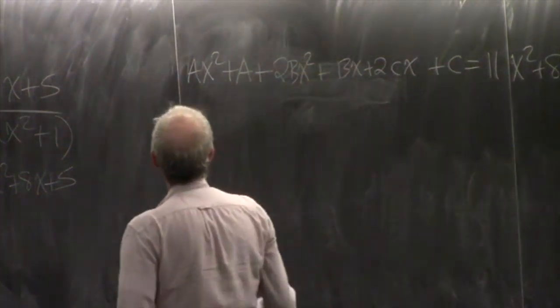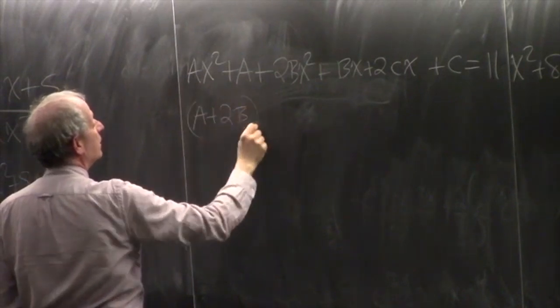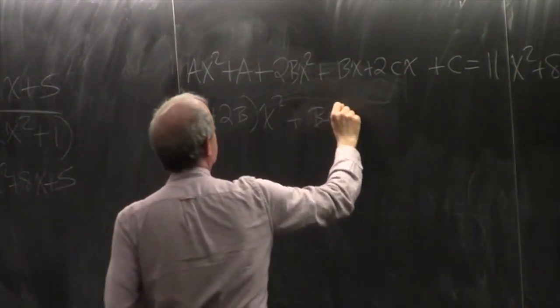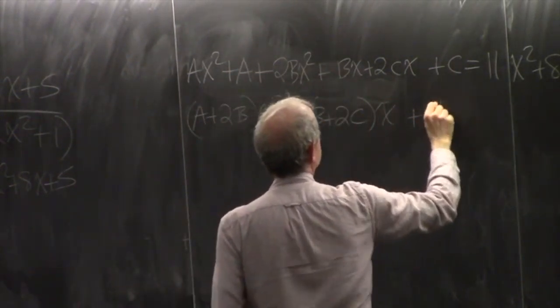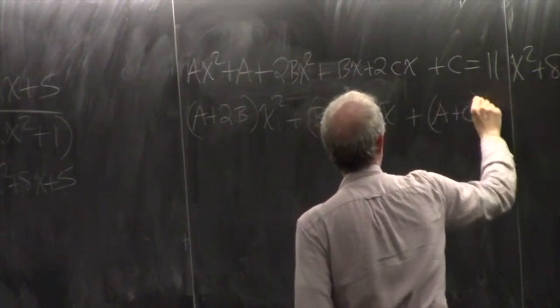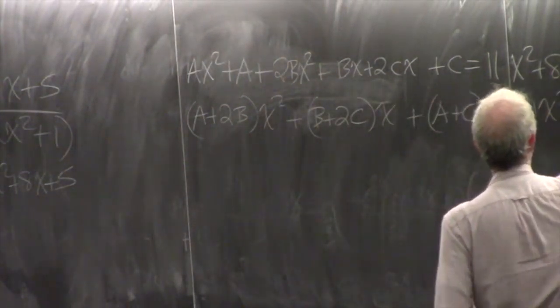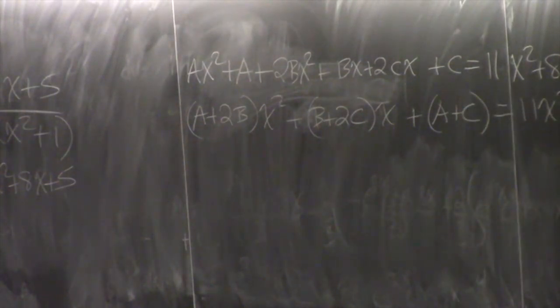Okay, so that becomes A plus 2B x squared plus B plus 2C x plus A plus C is 11x squared plus 8x plus 5. See, the cover-up method that your teachers taught you in school starts to fail on these kinds of problems.